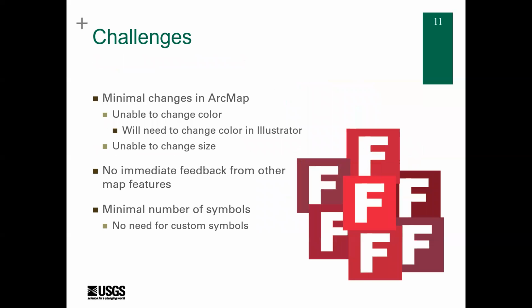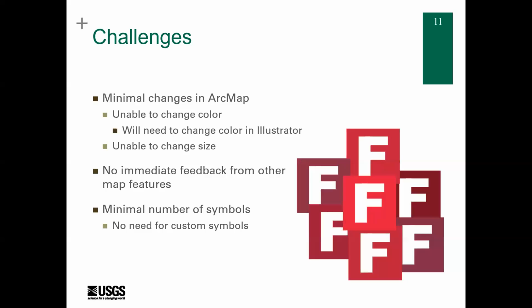So what are the challenges? What challenges does having your symbols based in Illustrator bring? Like I just mentioned, the main problem I've seen is you are unable to change the color of the symbol in ArcMap. As cartographers, I think a lot of us have had this problem. What shade of red do I choose?